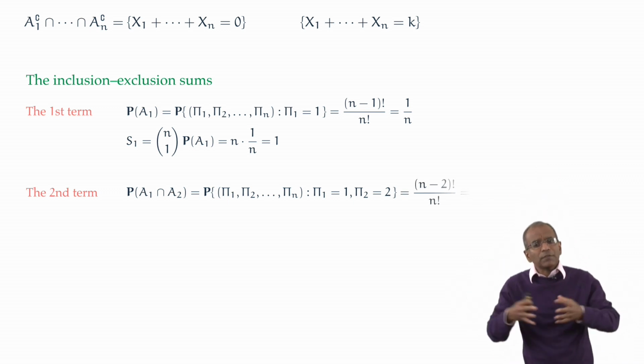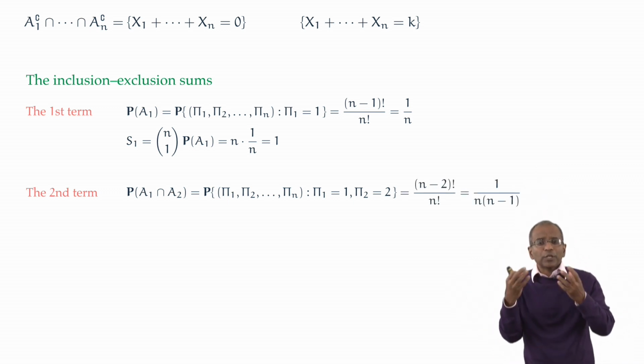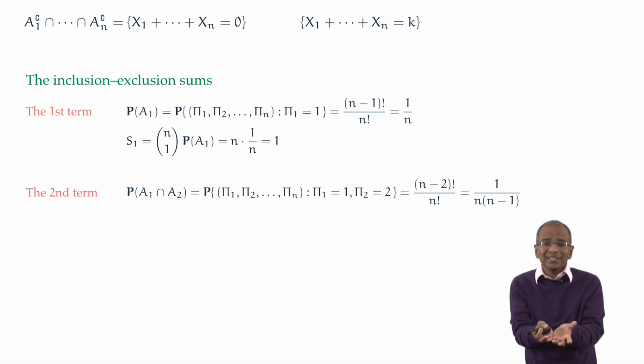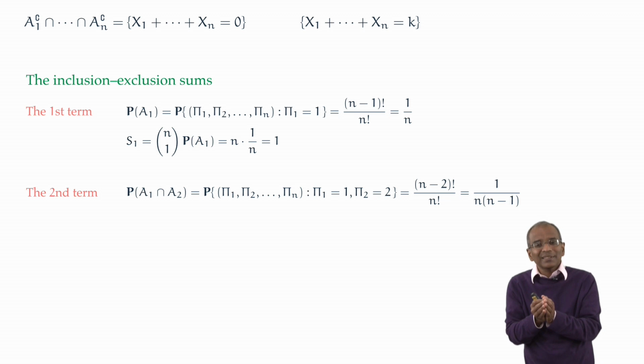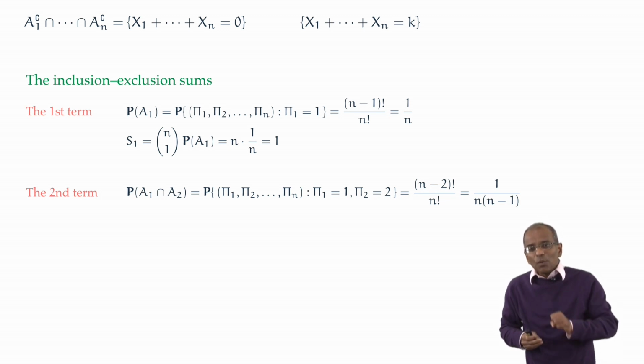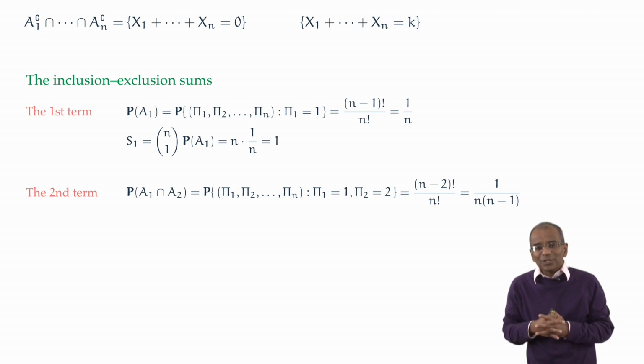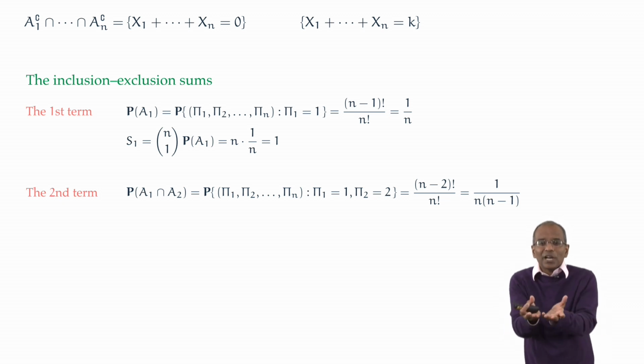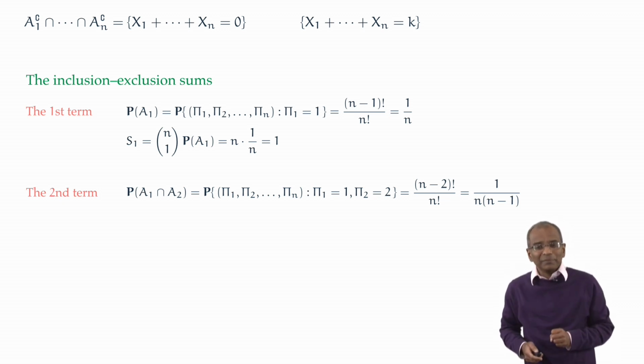And therefore, the probability of this event is n-2 factorial divided by n factorial. And that gives you the reciprocal of n times n-1. Some of you might recognize that in the denominator, what I really have is a falling factorial. It is n to the 2 falling. Okay, a fancy way of describing a simple object, but bear with me.